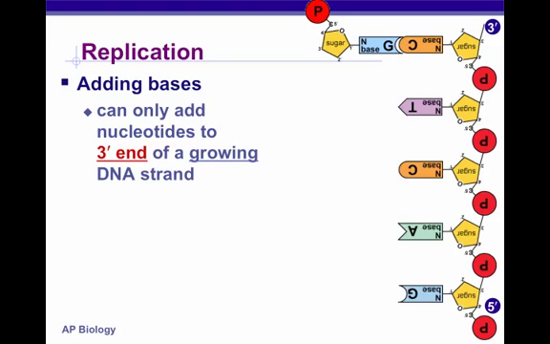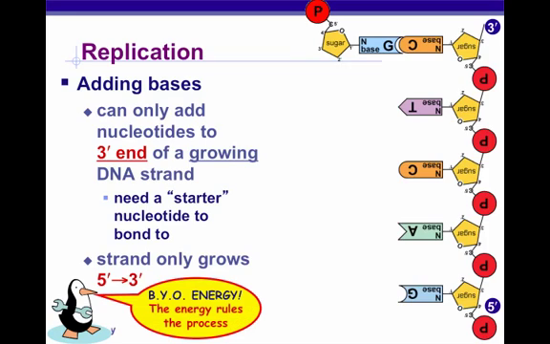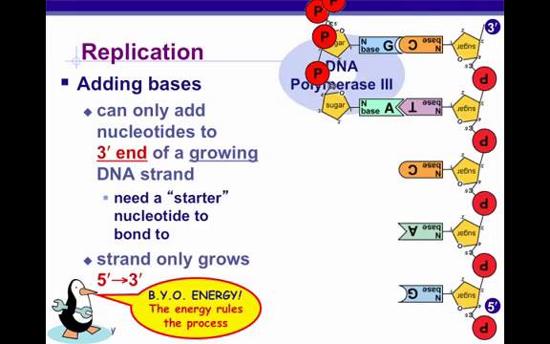So let's move on. We need a starter nucleotide to bond to, and the strand only grows, again this is the daughter strand we're talking about, in the 5' to 3' direction. So bring your own energy. Here we go, the energy rules for the process. There is our nucleoside and DNA polymerase. It's going to cleave that phosphate bond there, and we just add our adenosine.